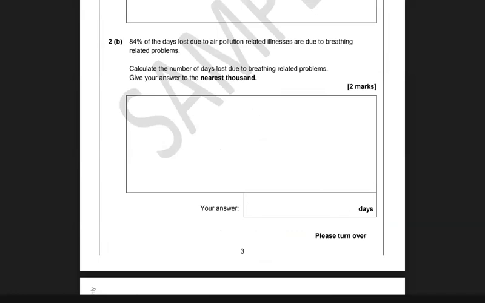Calculate the number of days lost due to breathing related problems and give your answer to the nearest 1,000.